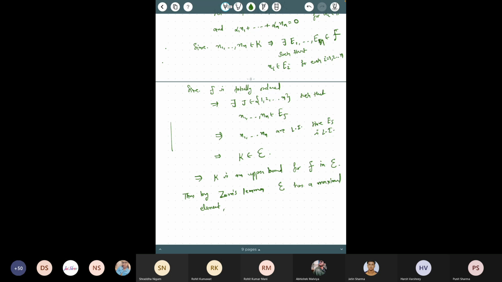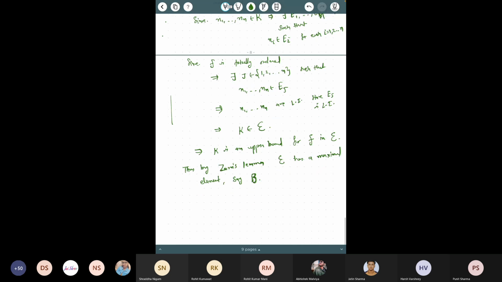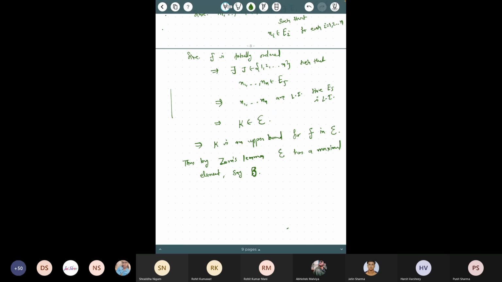Let's call this maximal element, say, B. Now we will show that this maximal element is actually the basis. If we show that this is a basis, then we are done, right? This belongs to E. So what is our claim? Our claim is to show that B is a basis.